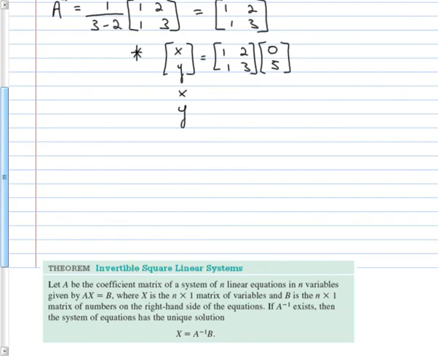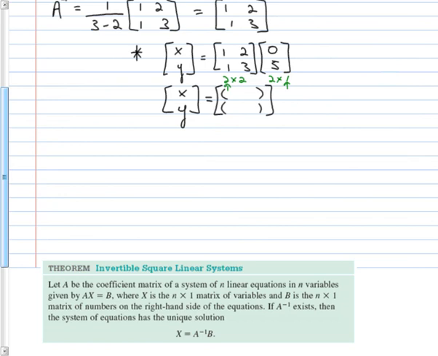What's the order of this first matrix? 2 by 2. What's the second one? A 2 by 1. So we can do it, and we're going to get a 2 by 1 answer. 2 rows and just 1 column, which is what we want.